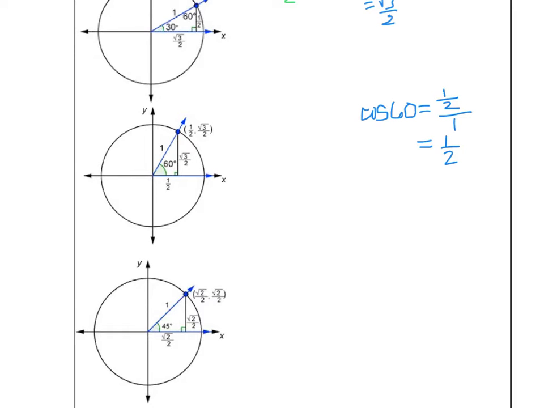So our cosine of 60 is 1/2, and then our sine of 60, that's going to be opposite, and the opposite is the root 3 over 2 over the hypotenuse, which is 1. So our sine is root 3 over 2. And look at our ordered pair, same thing again. The cosine of 60 is the 1/2 and comes first, and then the sine of 60 is the root 3 over 2.